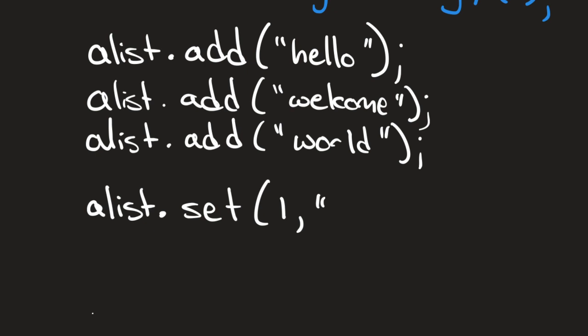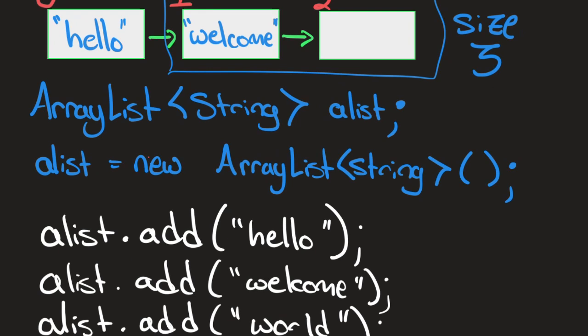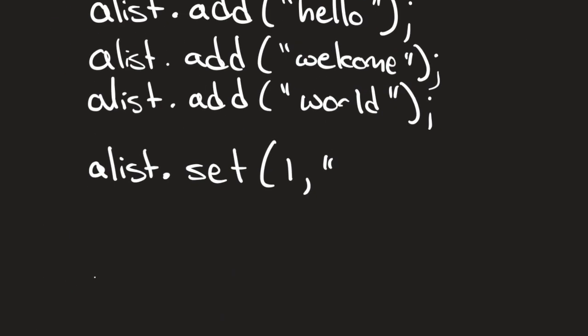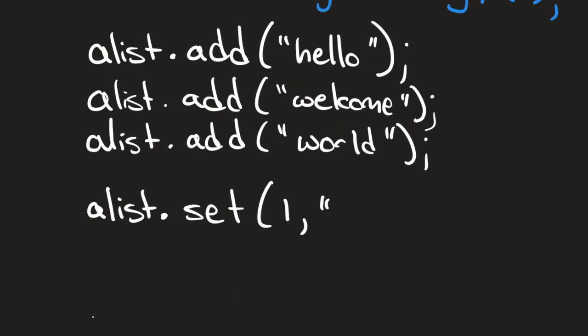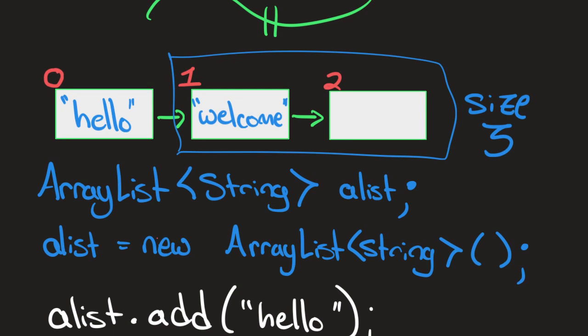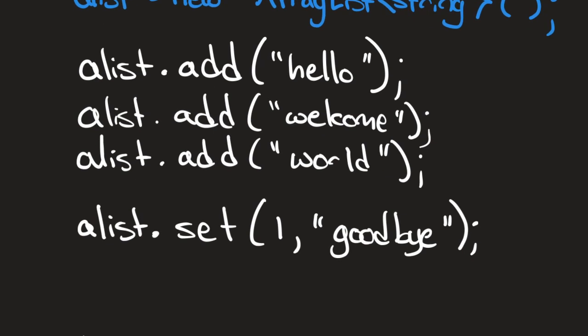The element at index 1 is welcome, and we're going to change it to goodbye. What that's going to do is go into this element in the array list and change that to goodbye. So it's setting the value of the element at index 1 to the string goodbye.